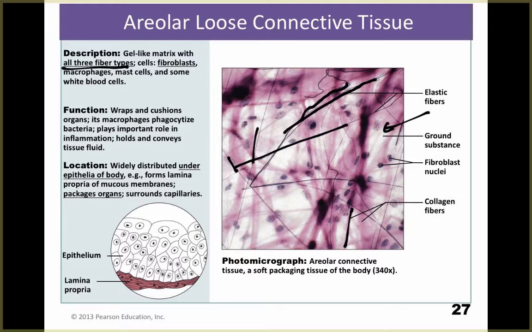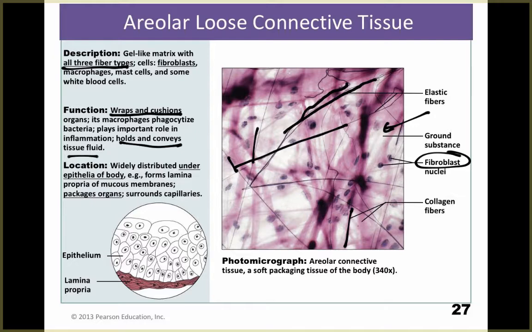The main cell type that you see are fibroblasts, and they're important in wrapping and cushioning organs, right? And essentially, they're also important in helping to hold and convey fluid, so a reservoir for water and salts. So a lot of times you can see swelling in these tissues. That's edema, right?